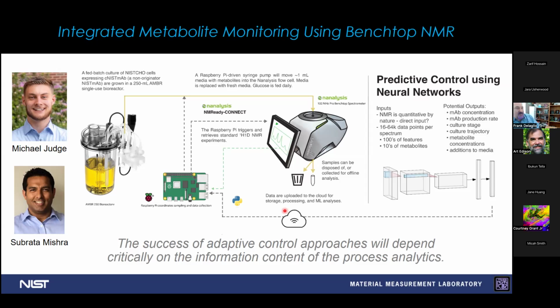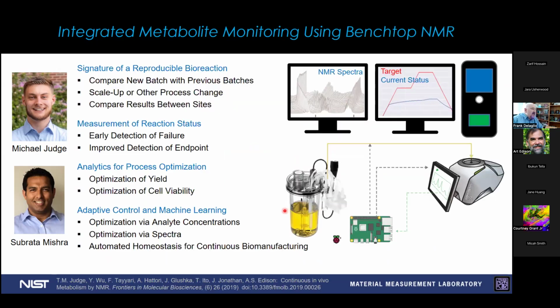Lots of you might know Michael because he trained with Professor Edison there at UGA. And so in the project, we're going to connect a bioreactor in a flow system to a benchtop NMR instrument that will enable us to measure an NMR time series.